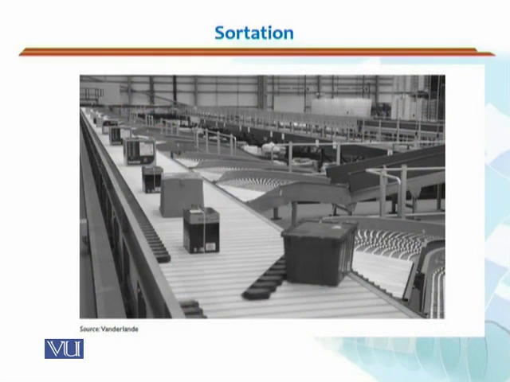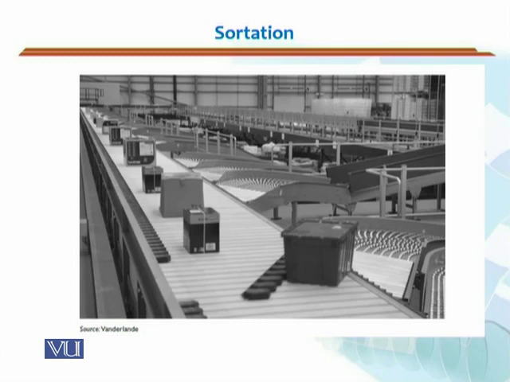This is a typical example of a slide shoe sorter. You can see that different SKUs are moving on a conveyor belt or a conveyor system, and actually the shoe will divert the different SKU. This is actually sorting.